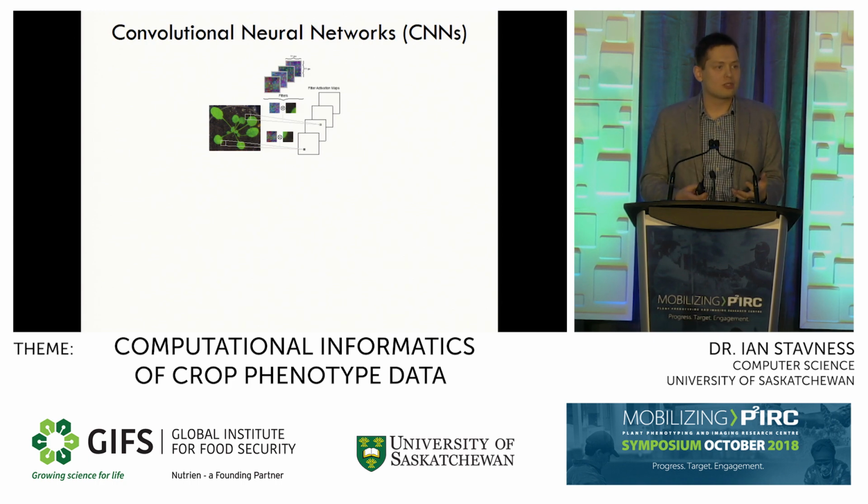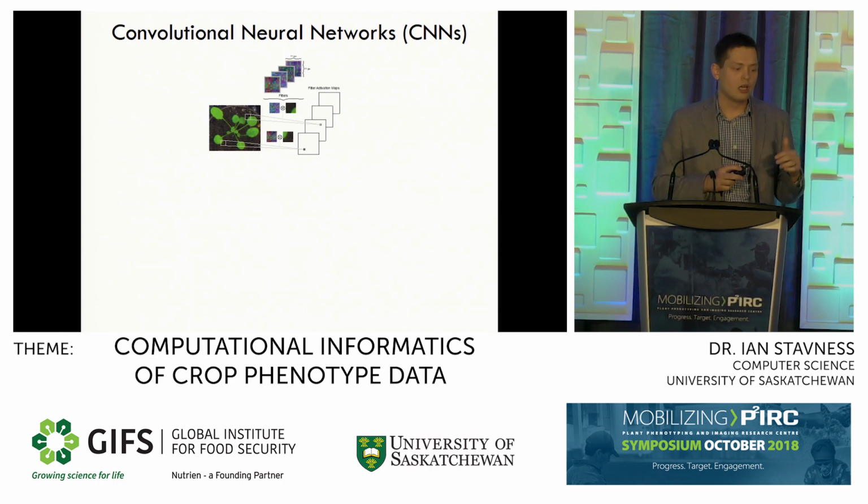With outdoor images, there's much more variation: variation in lighting because of sun and cloud, variation due to wind, due to capture because you have a cart or a tractor bouncing around. This variation means that those hand-tuned image analysis pipelines can be very difficult. You have to tweak that threshold each time you go out to the field.